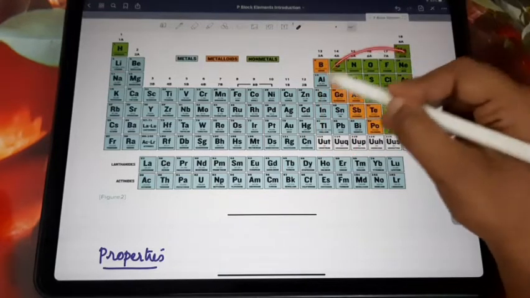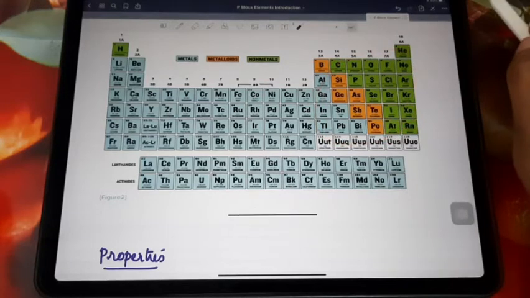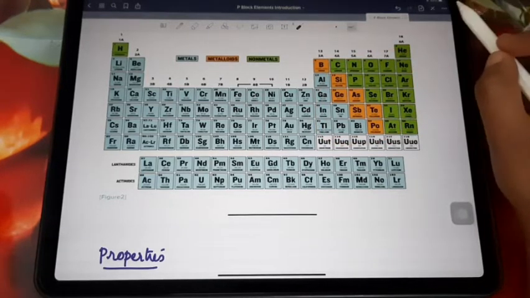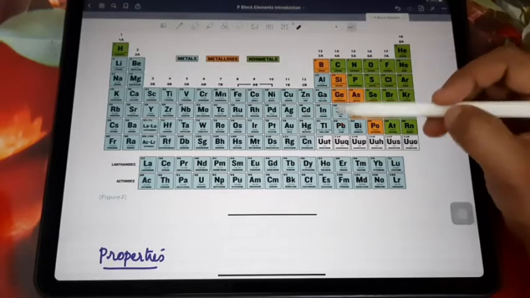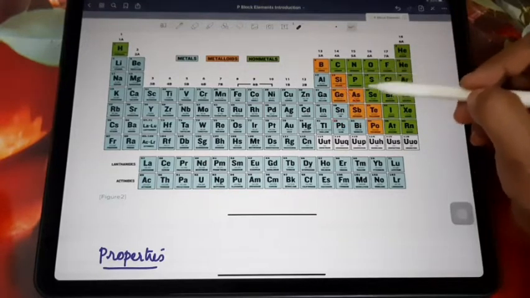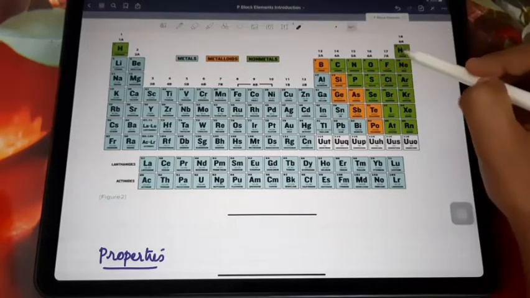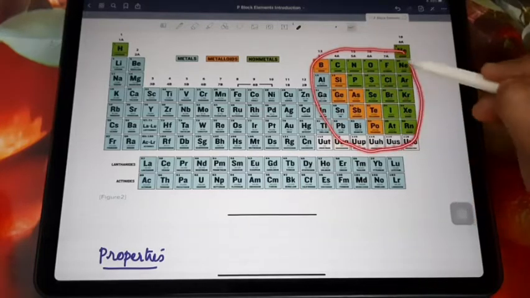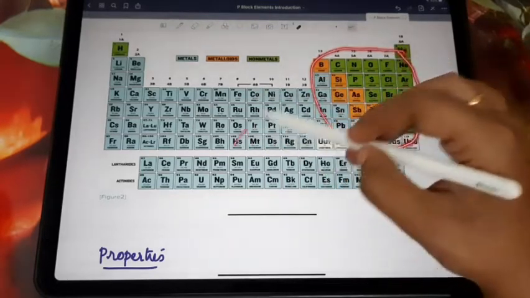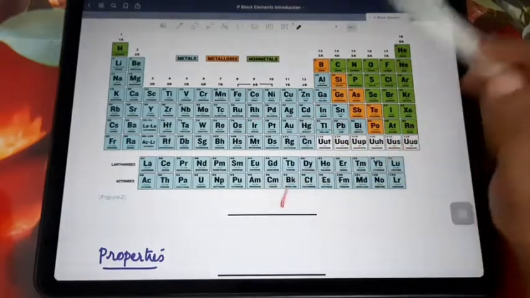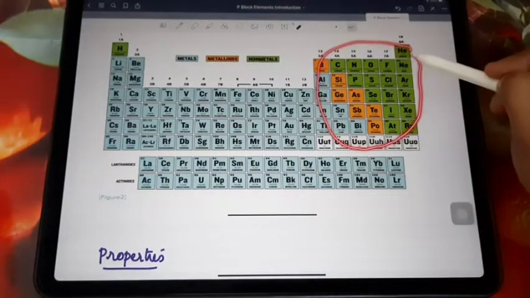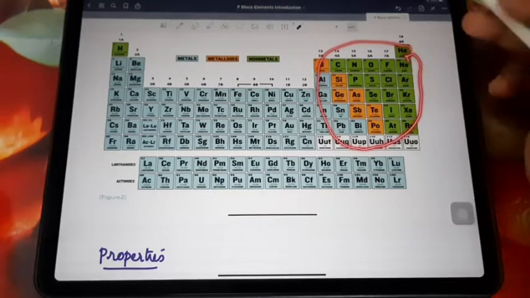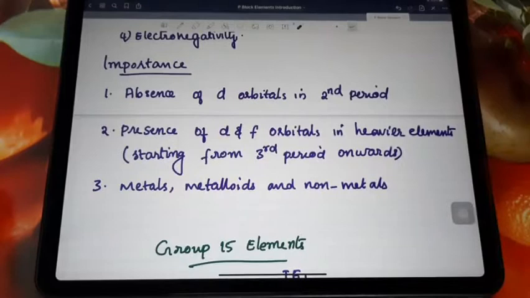So here it is possible to see three types of elements: metals, semi-metals or metalloids, and non-metals. These three types are included only in the P block compared to the D, S and F blocks. That also makes this diversification of elements compared to the other blocks.